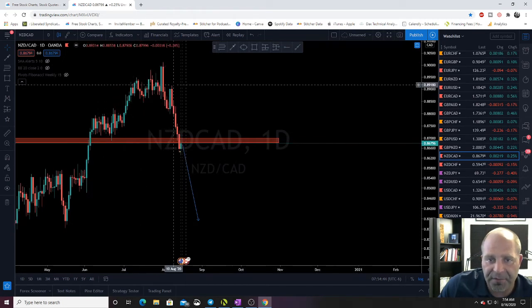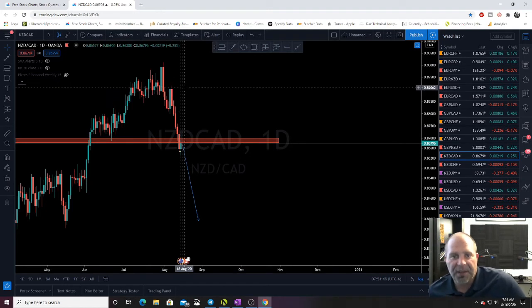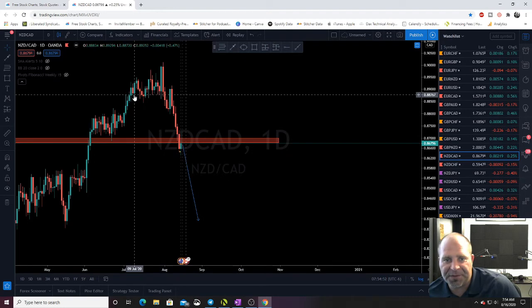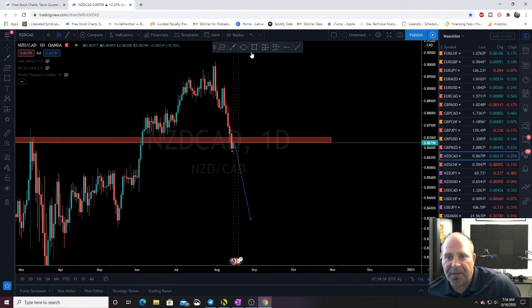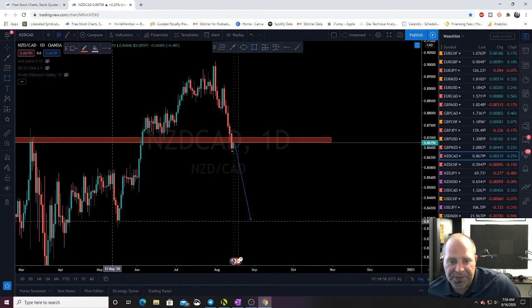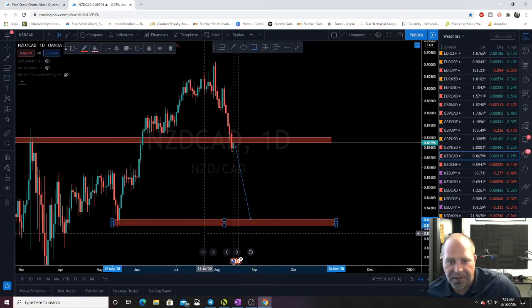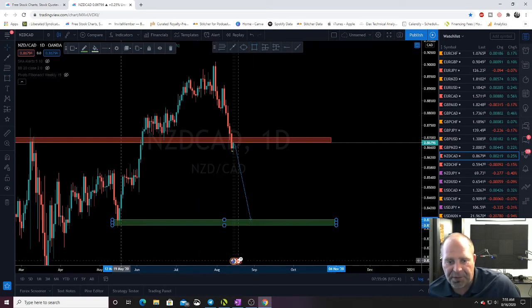Top, down, pull back, down. Right? This pullback should have been a great place to enter on a position trade, if you're looking at daily. I'm not gonna be bullish. I'm just gonna go ahead and call that point right there where it's probable it's going to go.